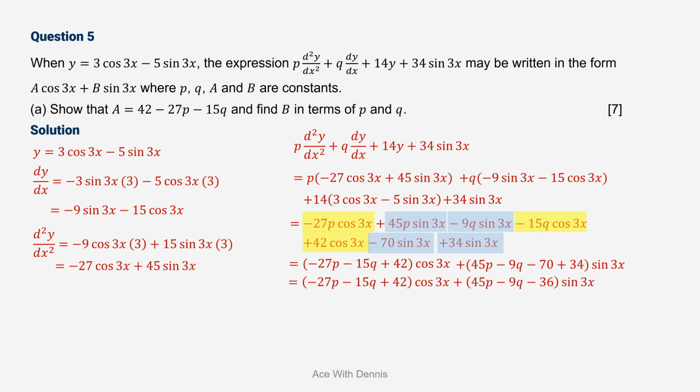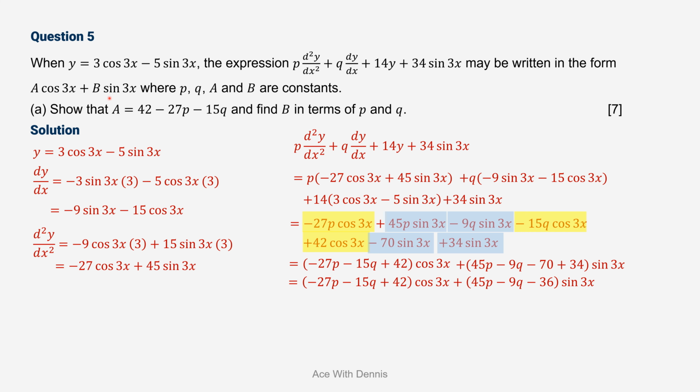So we will combine the constants. Then we will have negative 27p minus 15q plus 42 times cosine 3x plus 45p minus 9q minus 36 times sine 3x.